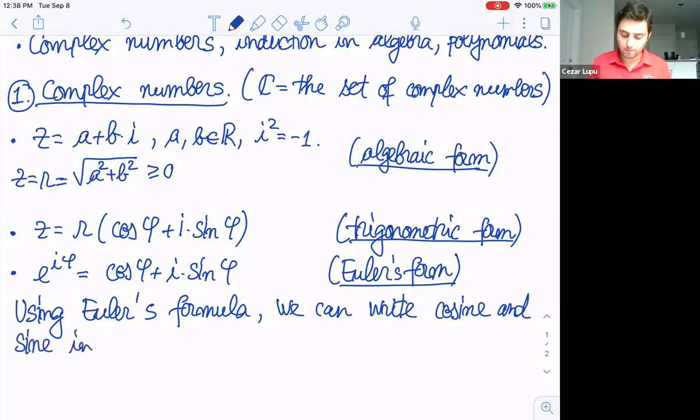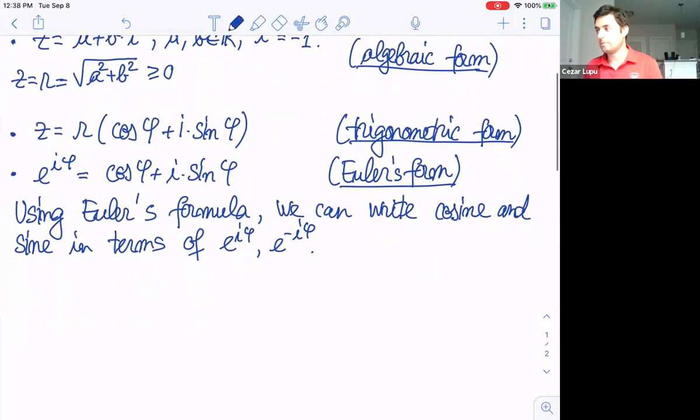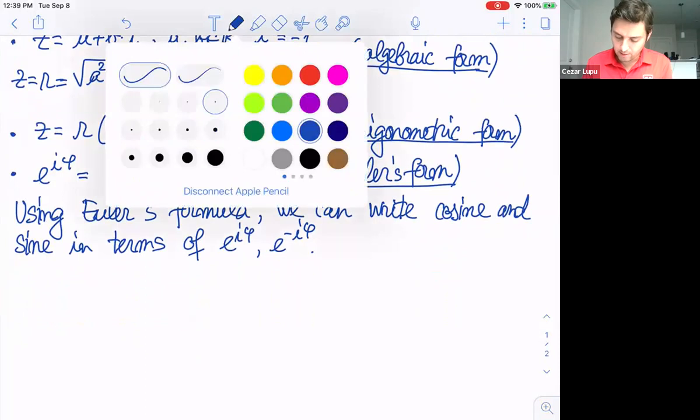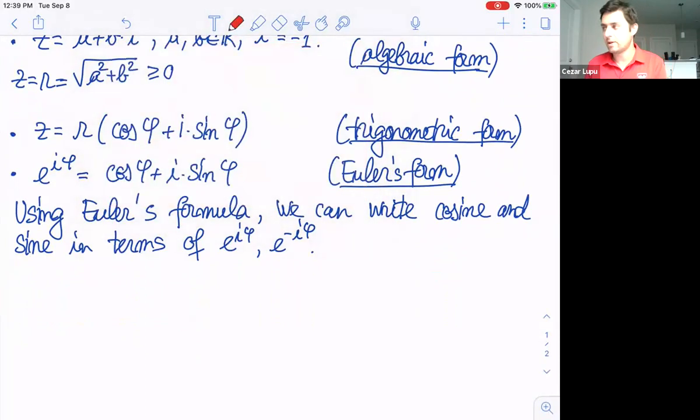In terms of e to the I phi and e to the negative I phi, for example. So we will have the following formulas, and I'm just going to tell them directly.